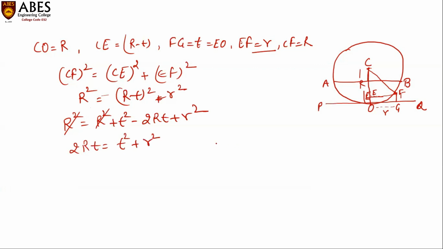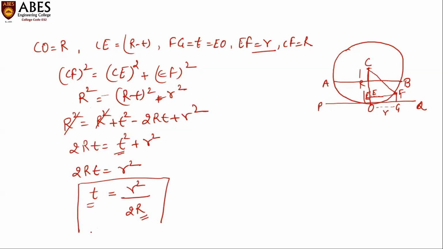The thickness of the film is very small, so t square is smaller still and we can neglect it. That gives 2Rt equal to r square, or t equal to r square by 2R, where r is the radius of the Newton ring, capital R is the radius of curvature, and t is the thickness of the film.